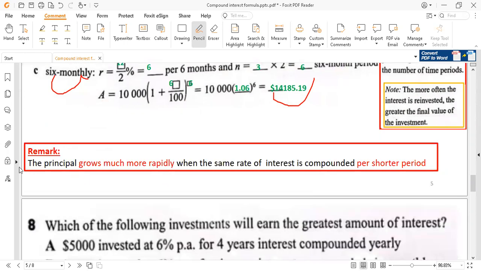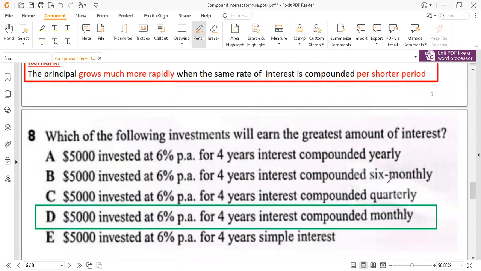The principal grows much more rapidly when the same rate of interest is compounded over a shorter period.